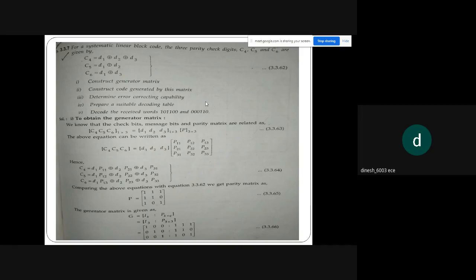In the given problem we had seen C4, C5, C6, which shows that there are 6 bits of information in total for X. So similarly, check whether there are 6 in the received vectors. Count them one by one for both received vectors.